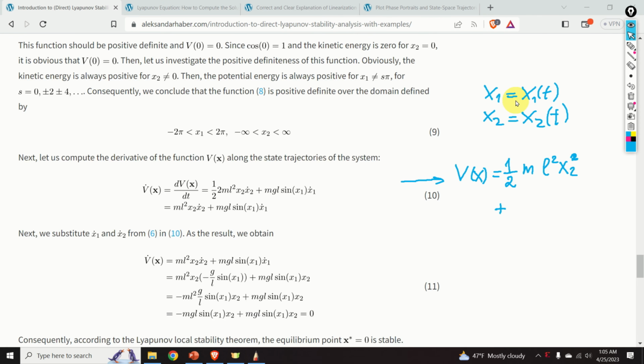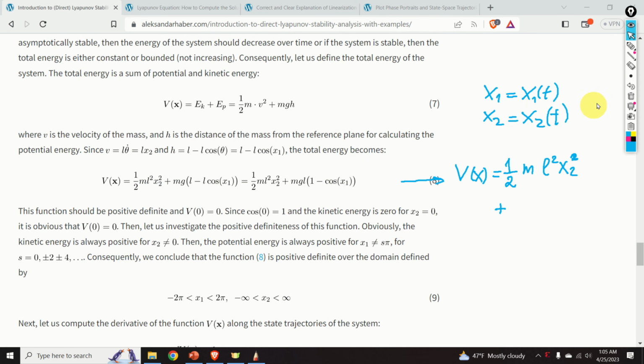And for that, I need to do something like this, and I will write it over here. So the second part is m g L times 1 minus cosine of x1. Perfect. Let me just double check. 1/2 m L square x2 square plus m g L times 1 minus cosine x1. Perfect.